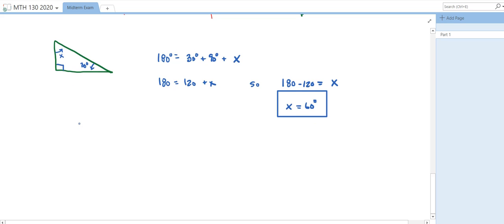In some of these problems, what I'll end up doing is putting in some values in here that are variables or multiples of a variable. So this might be 90 here again.